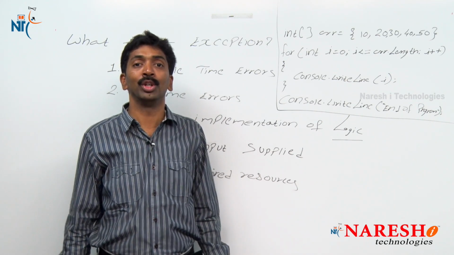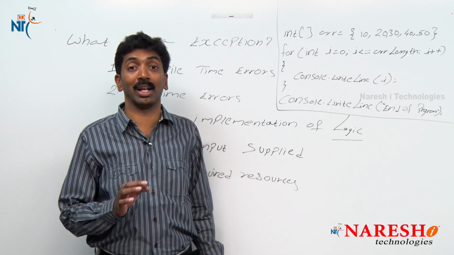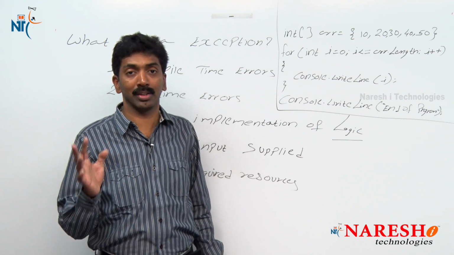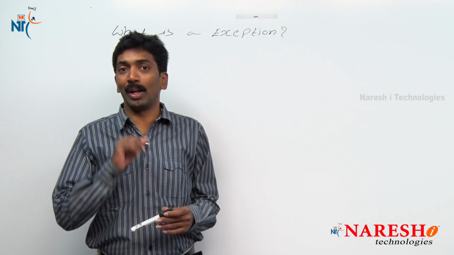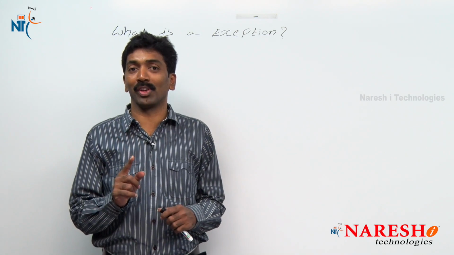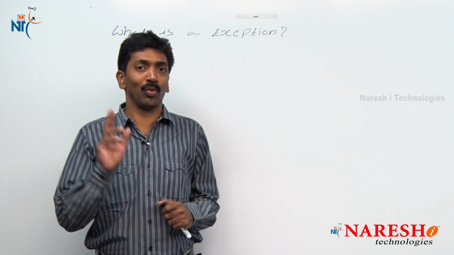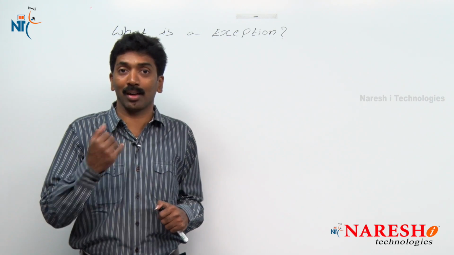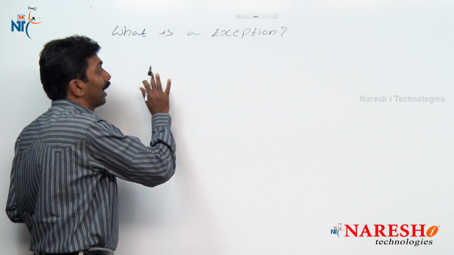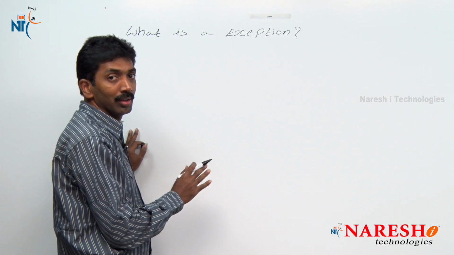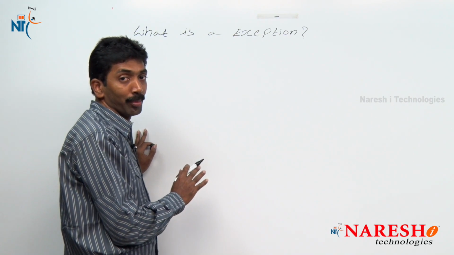Okay, let me explain. Whenever a runtime error is occurring in your code, who is responsible for the abnormal termination?